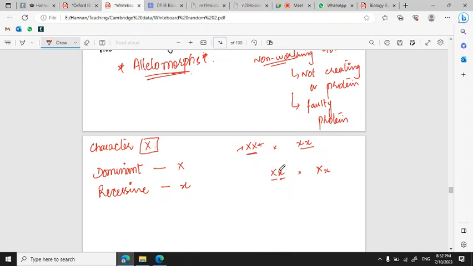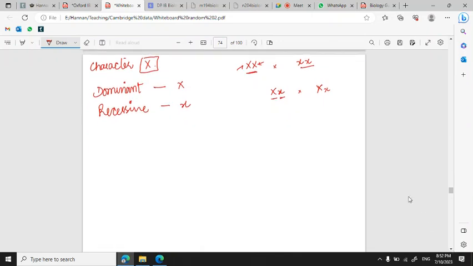Now remember, the next child can only have one allele from father and one allele from mother. So now you can guess how. Suppose this is one allele from father and the other allele from father.